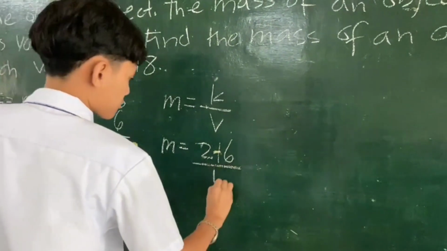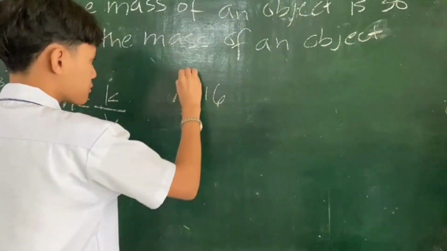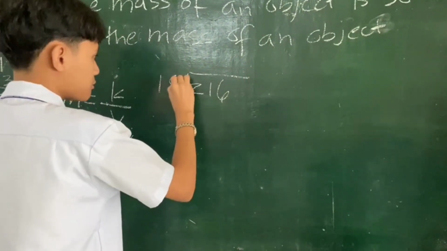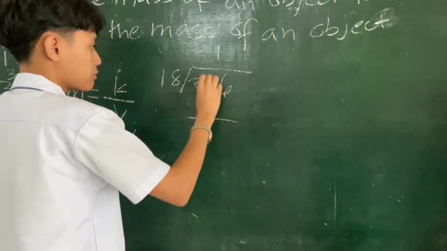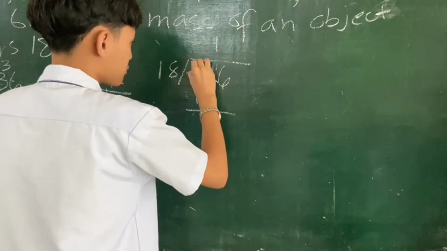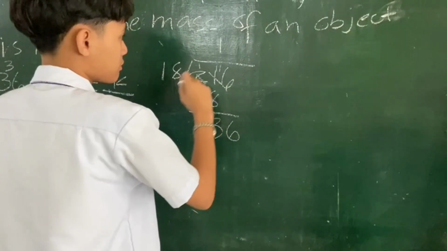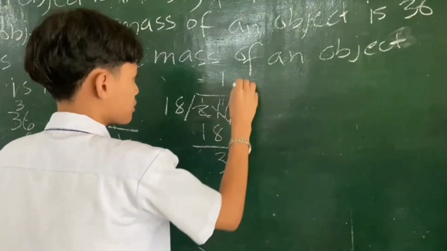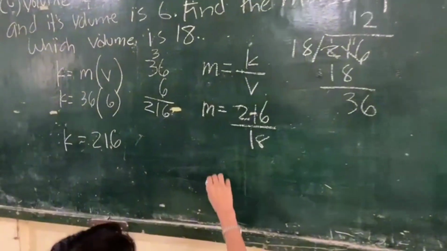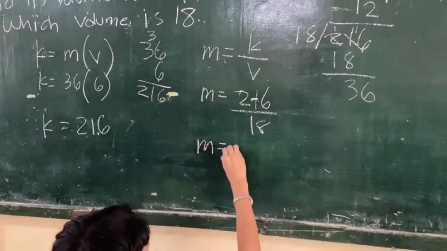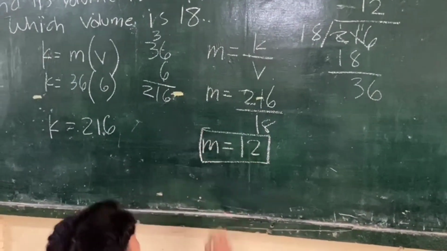The constant is 216 and the volume is 18. 216 divided by 18: 21 divided by 18 is equal to 1. 1 times 18 equals 18, minus, 3, bring down 6, 36. 36 divided by 18 is 2. 2 times 18 is equal to 36, and minus it will become 0. So 12 is the mass.